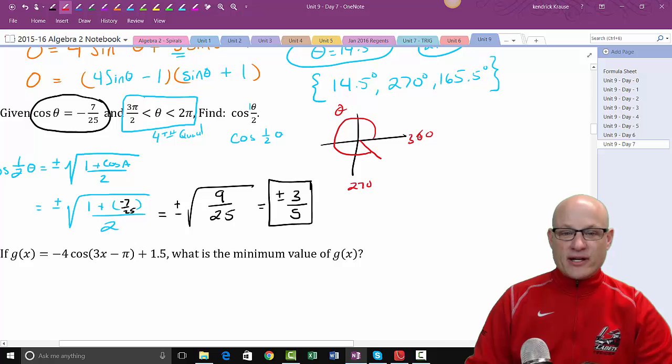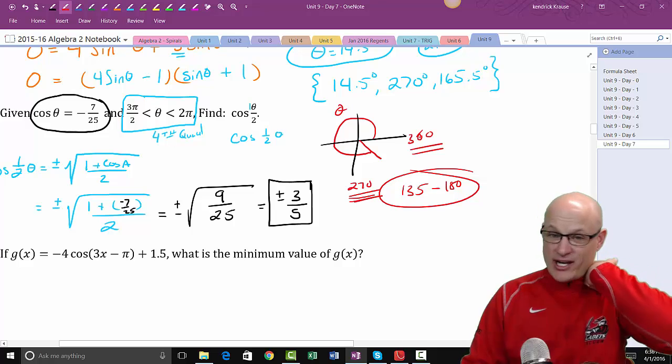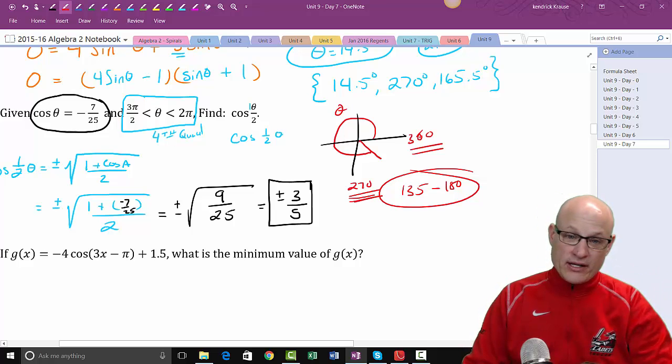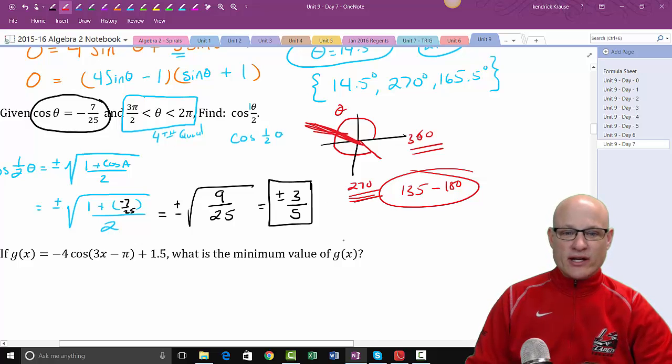So half of theta has to be between half of this and half of this. Half of 270 is 135, and half of 360 is 180. So if I take half of that angle, my new angle has to be between 135 and 180, somewhere over here. And clearly in the second quadrant, cosine is negative. So my final answer is negative 3/5.